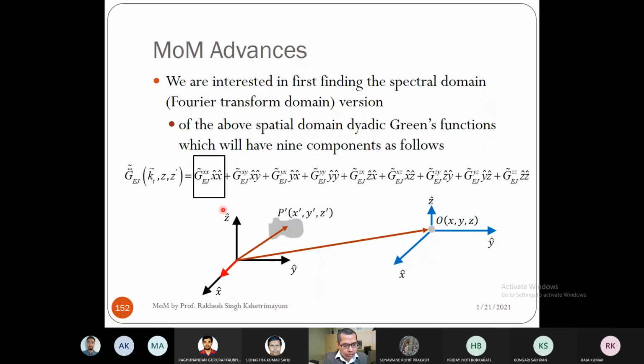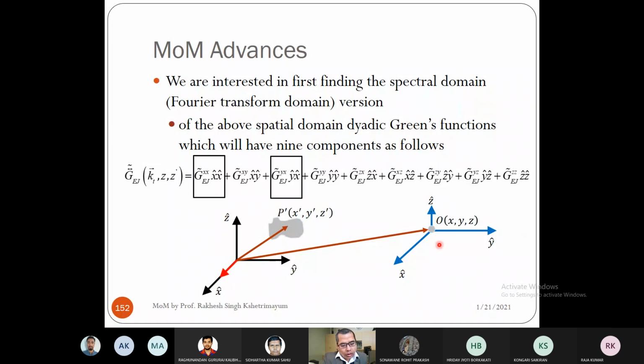When I have a delta source directed along the x-axis and I observe the field along the x-axis, what I get is GXX. That's the Green's function, the impulse response of the system. So the source should be a delta function. Whatever field I observe along the x-axis is GXX.